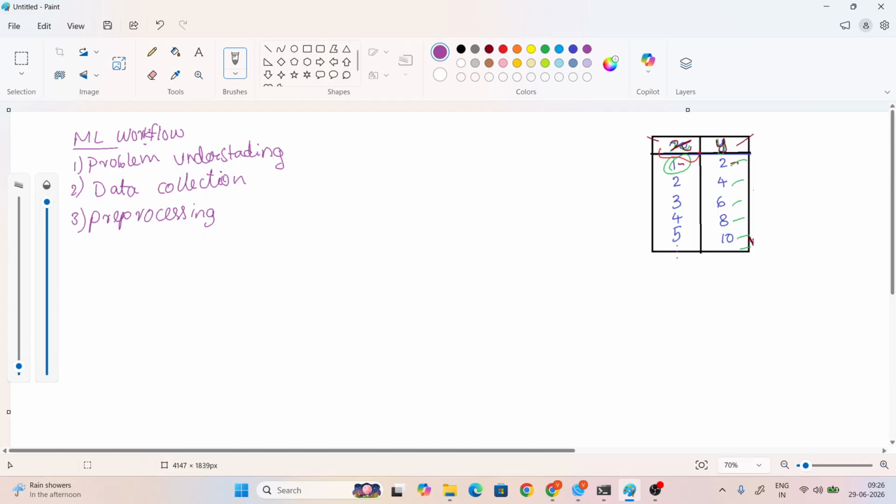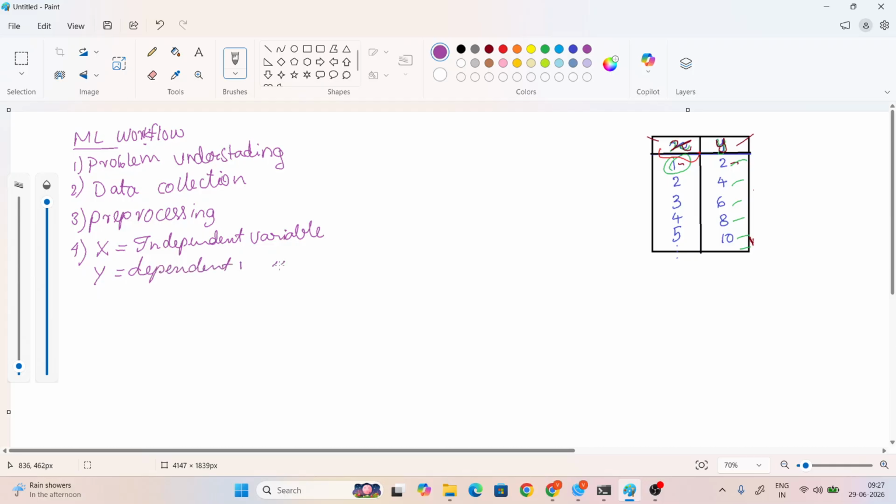So guys, these steps we already did in our pandas concepts, right? So we know how to pre-process the data. And the next one is you have to find the x and y. x is the independent variable and y is the dependent variable.